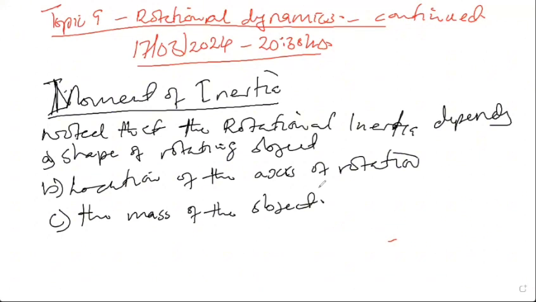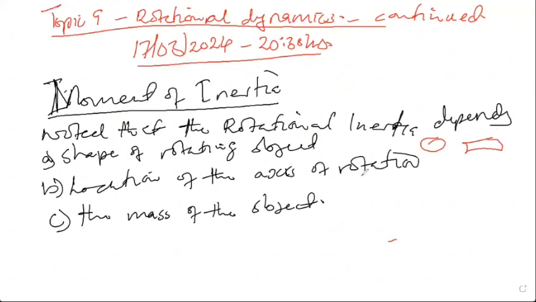This is what we noted when we were looking at this topic. We saw that the moment of inertia, or the rotational inertia, would depend on these 3 things. So, for example, for the shape, we looked at a circle and a rectangle.